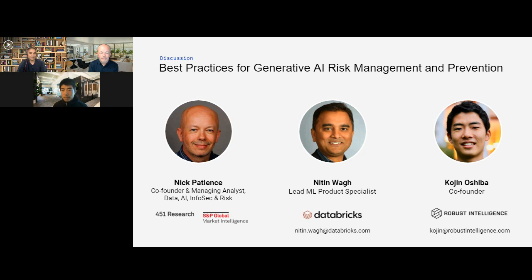But with Databricks' acquisition of the Mosaic ML platform, we are working with a bunch of customers in regulated industry who would like to ensure that they have full control on the model assets. They have full control on what data is being fed for model training, so that they can eliminate those risks from even getting penetrated into the model, right? So that is another paradigm, pre-production, so that you can control your own supply chain, so these effects do not happen.